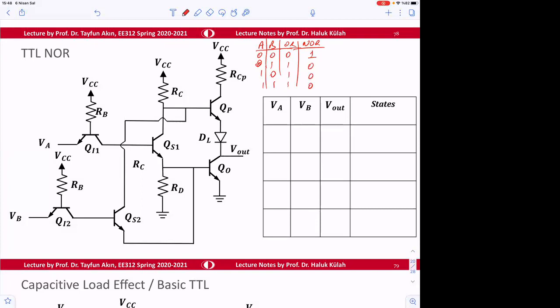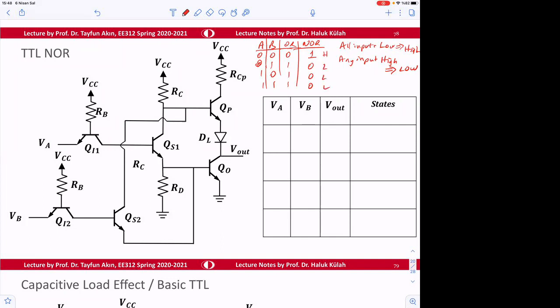Therefore both inputs low will give us a high. All inputs low give us a high. Any input high will give us low as the output. So that's the NOR gate in operation. One means high, this is low, low, low, right?